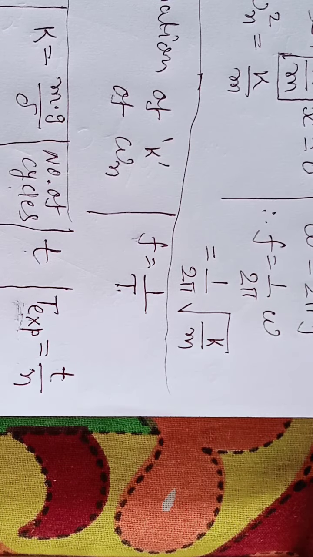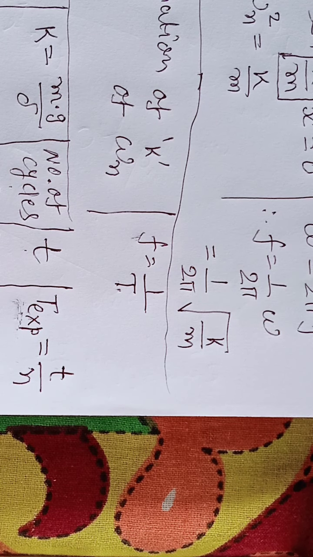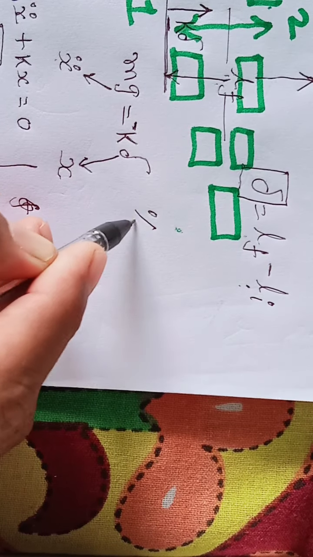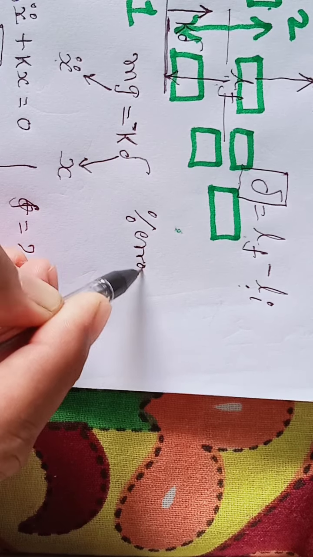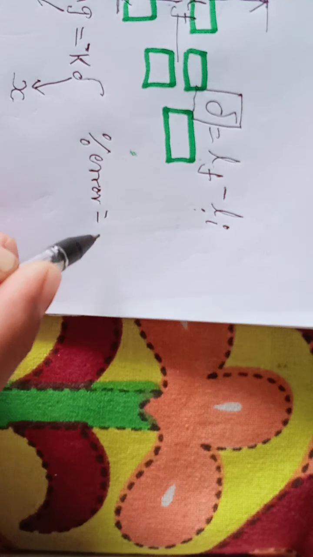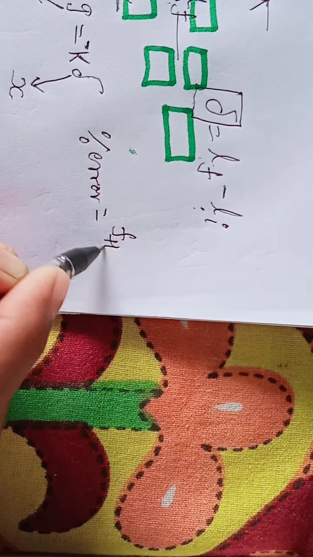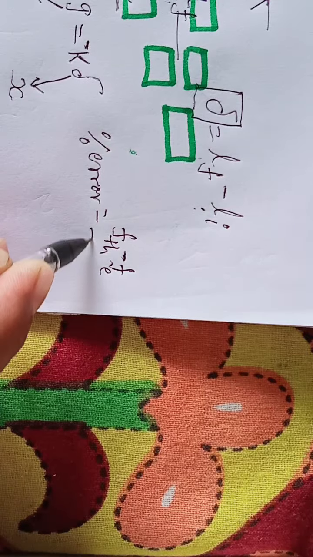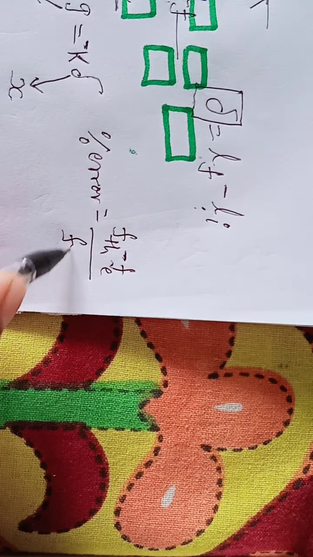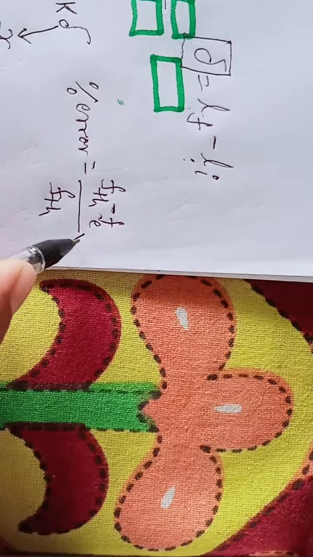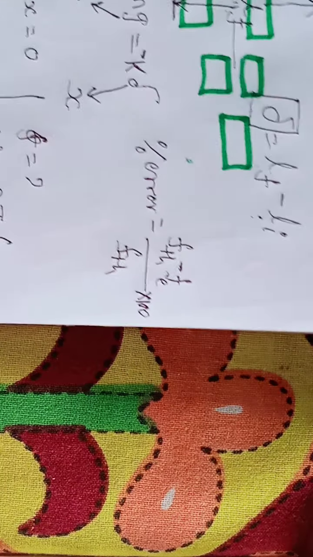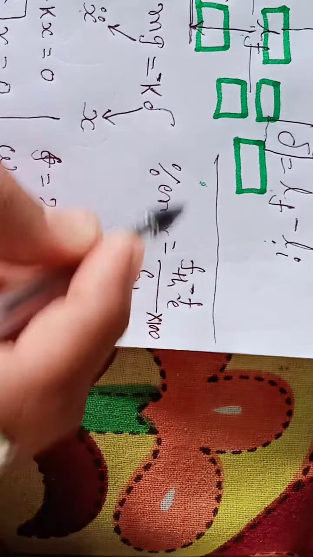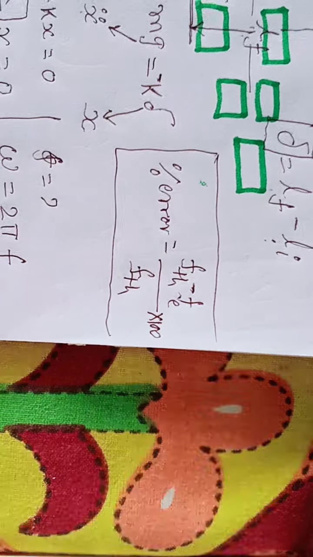Both frequencies are available. Now find percentage error. Percentage error is equal to frequency theoretical minus frequency experimental divided by frequency theoretical, multiplied by 100. So percentage error can be easily found.